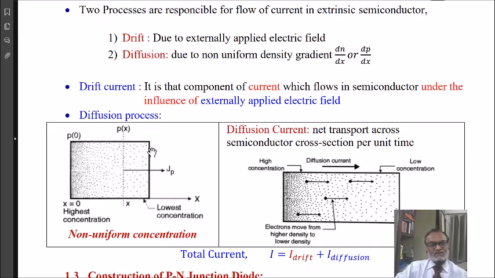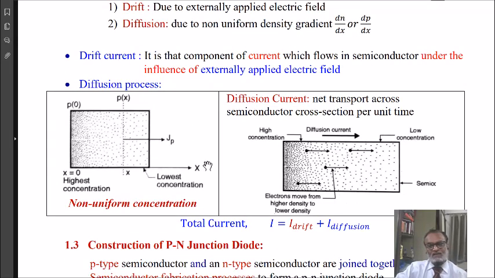This process is called electron diffusion in the N type of semiconductor. And due to movement of these electrons, the current flows, which is called diffusion electron current. So the total current in the semiconductor is because of drift as well as diffusion. This diffusion process will be stopped automatically when the density equilibrium is reached in the semiconductor.